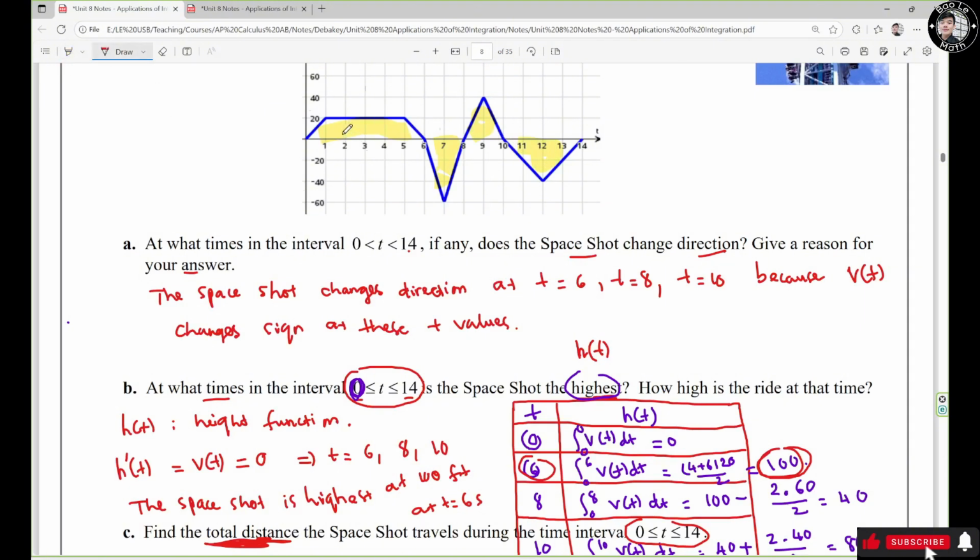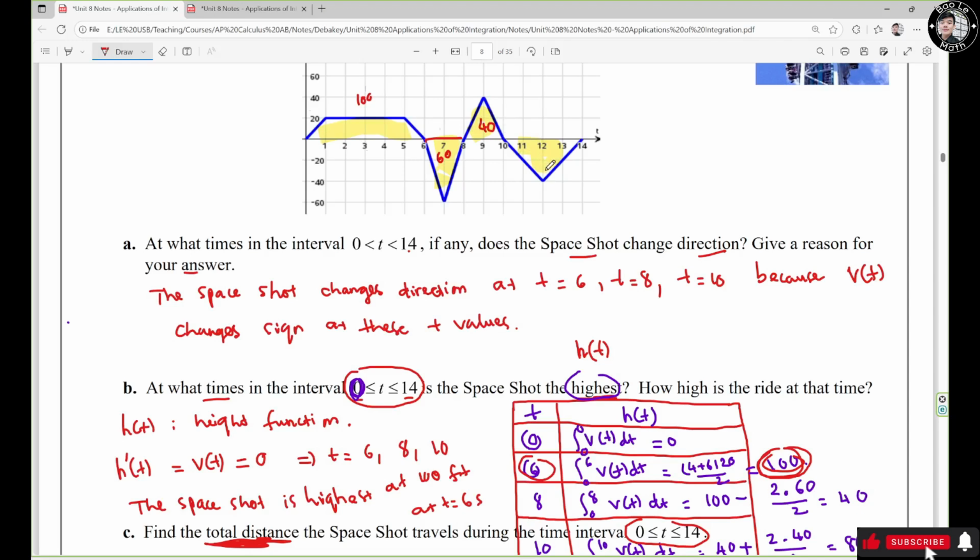Now the area of this guy should be 100. We recalculate it right here, right? The area of this guy equals 2 times 60 divided by 2. It's going to be 60, right? The area of this one equals 2 times 40 divided by 2. It's going to be 40, right?